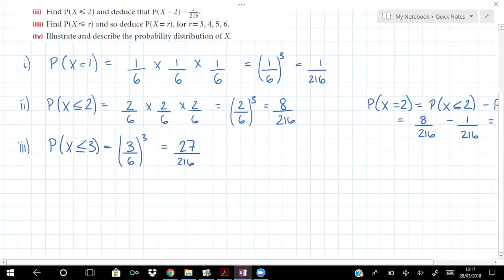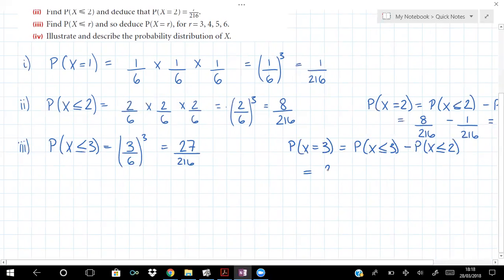And then to find the probability that x is equal to 3, we're going to do a similar thing. We take the probability that it's less than or equal to 3, and then we take away the probability that x is less than or equal to 2. When we do that, we'll be left with the probability when x is equal to 3.